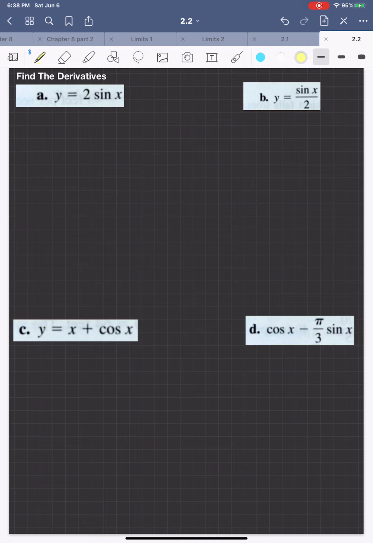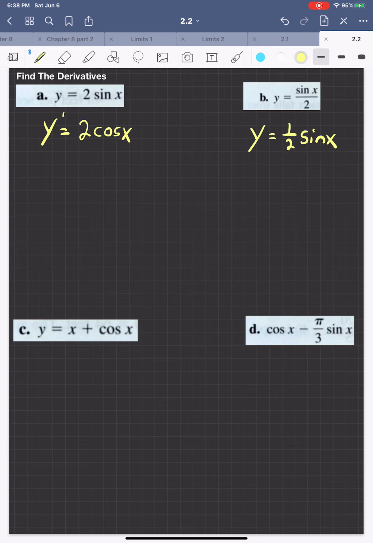Okay, so if you want to take the derivative of y is equal to 2 sine of x, it is that simple. The derivative of sine is cosine, so this is simply 2 cosine of x. That's simple. Part B is also very simple. Again, if you can just remember that to divide by 2 is to multiply by 1/2.